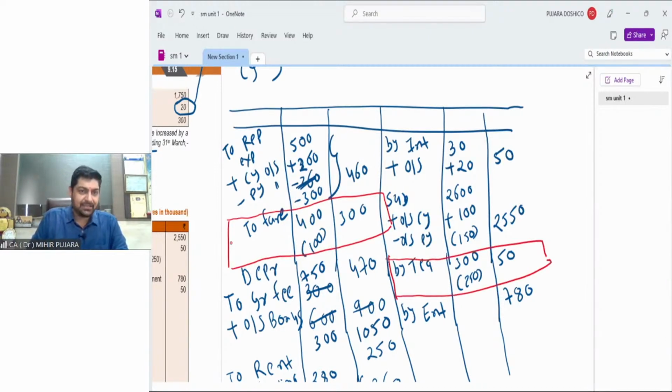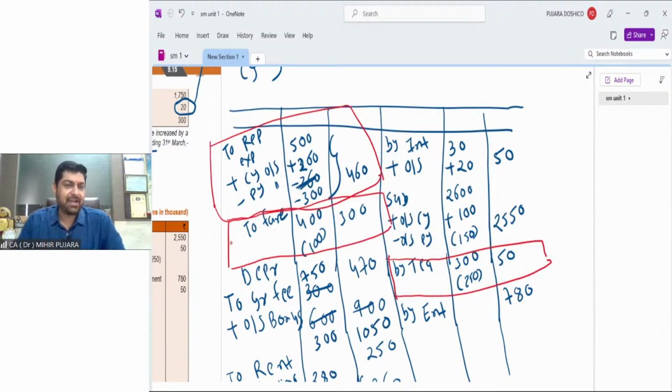And repairing, the same story. This is repairing: repairing expenses plus outstanding of current year minus outstanding of previous year. So repairing, fair and tea we have done in the last session.